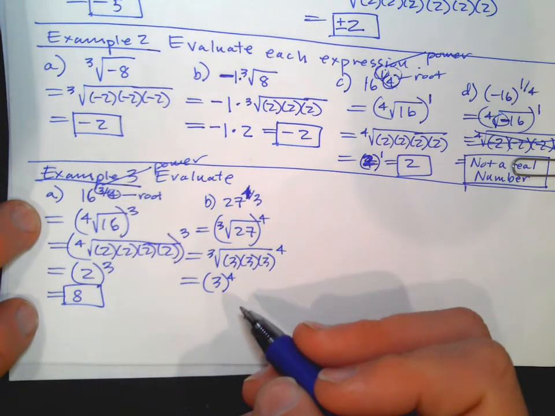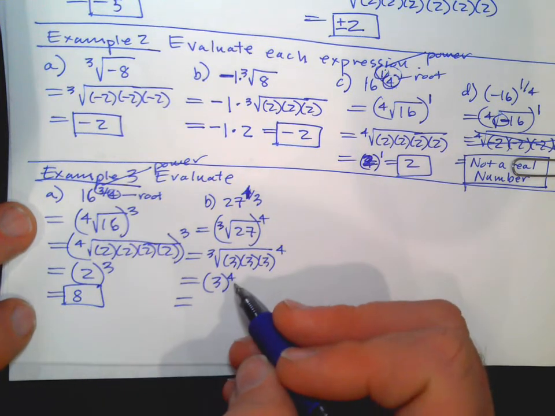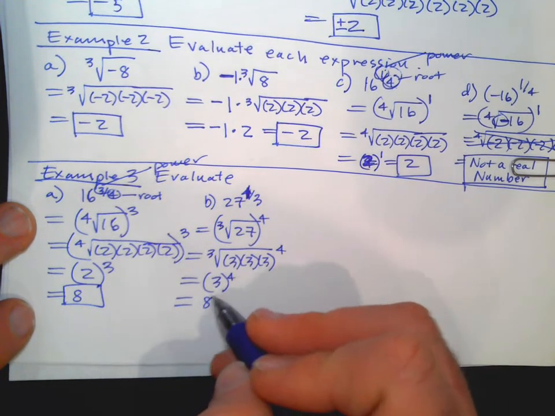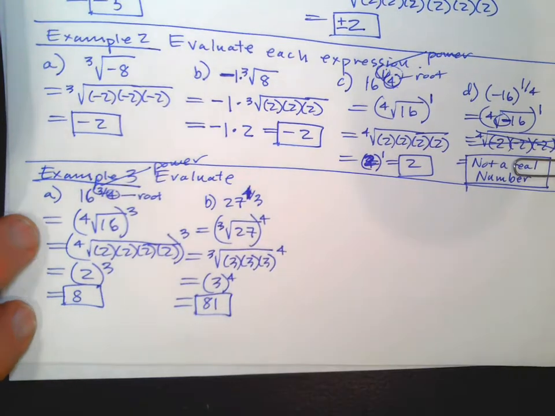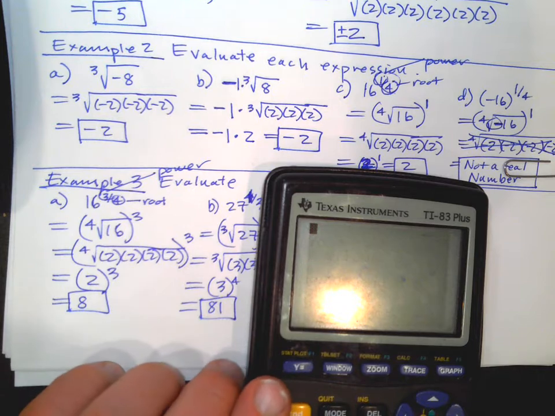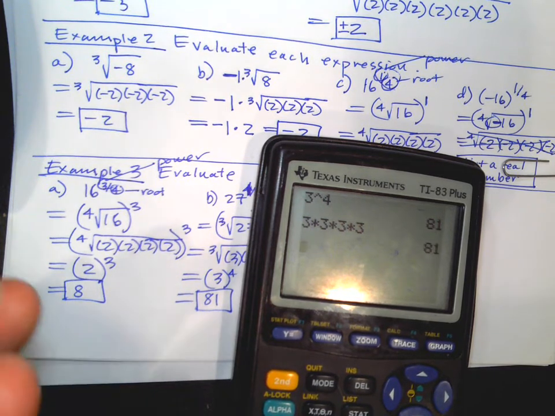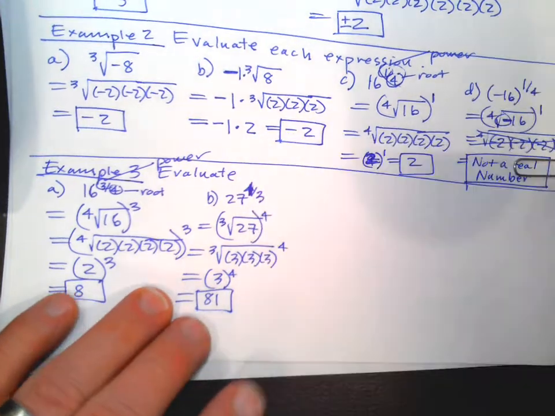It's going to be kind of big. 3 times 3 is 9, times 3 is 27, times 3 is 81. Now, you could go ahead and use your calculator. Don't use it on all of these because you're just not going to learn how to do this. But we could do 3 to the 4th power, or 3 times 3 times 3 times 3. If it's a big number, okay, you can do it.